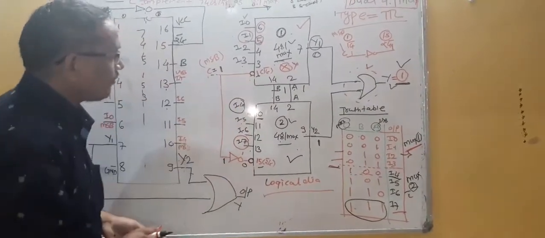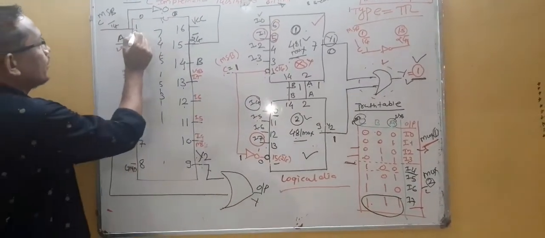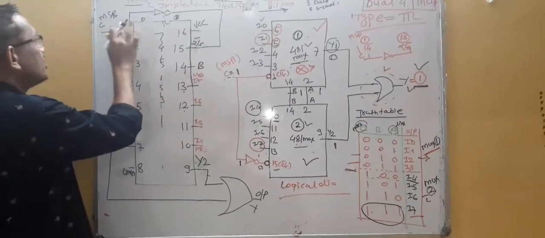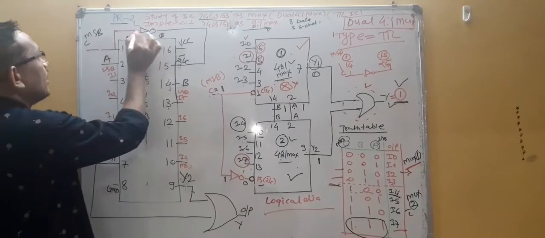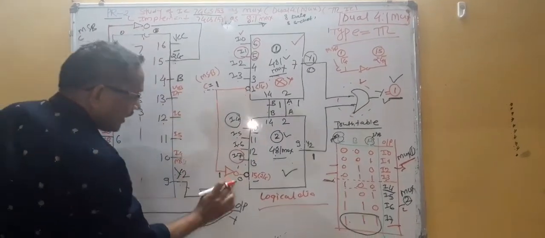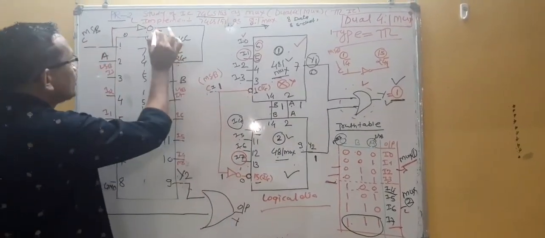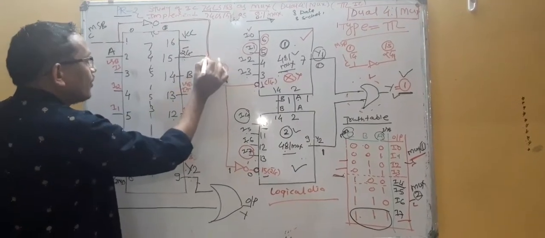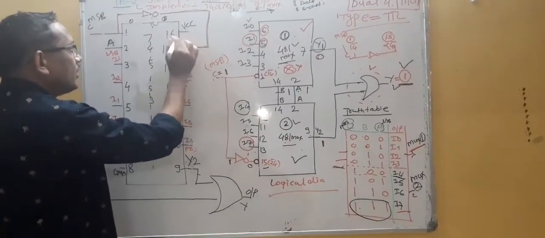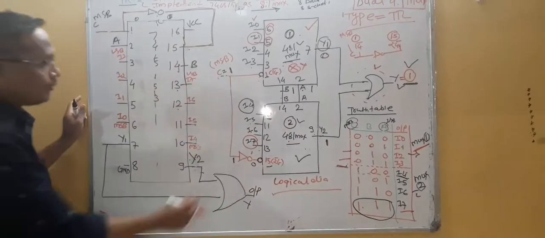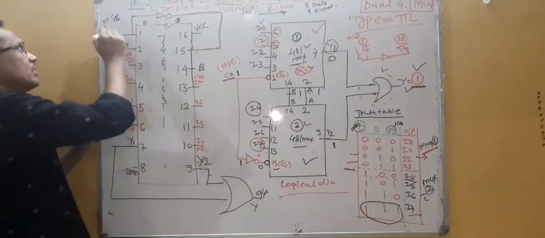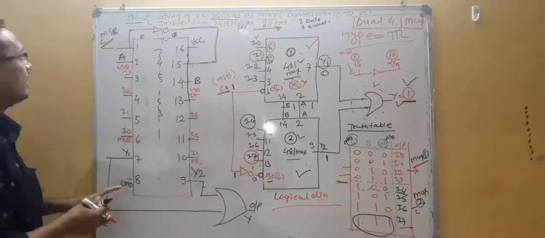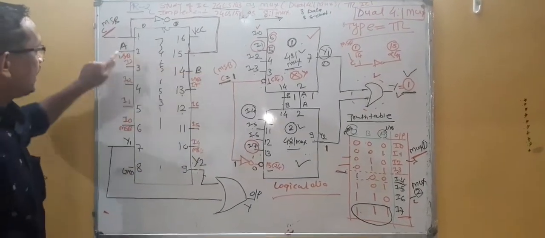The output of this inverter is connected to the input of pin number 15. The input of this inverter I will consider as C, that is the third select input. That's why this is C, this is B, and this is A.